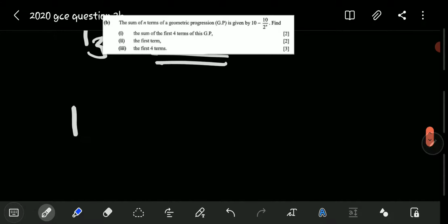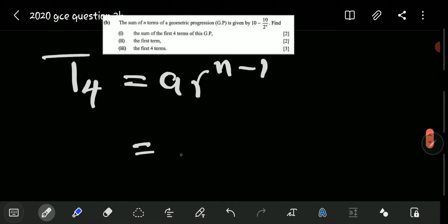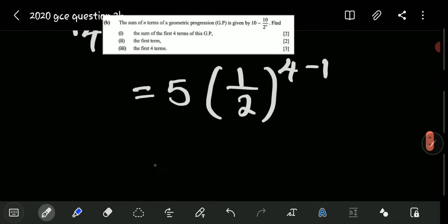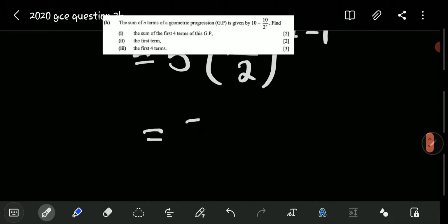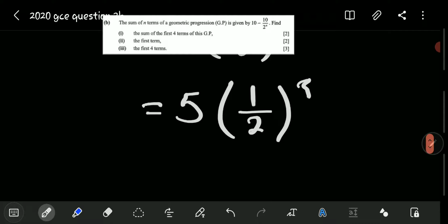We look at the fourth term, which also starts with a r to the power n minus 1, which will be equal to 5 open bracket 1 over 2 close bracket raised to the power 4 minus 1. 4 minus 1 is 3.